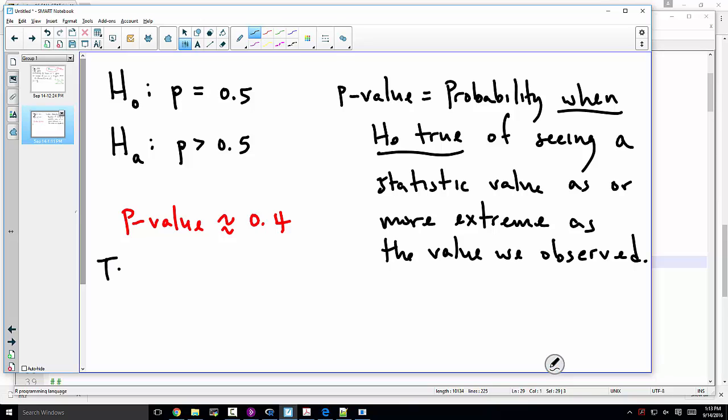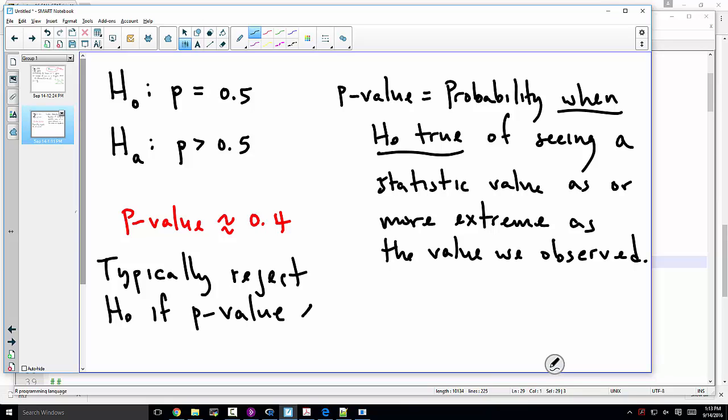We typically would reject the null hypothesis if the p-value is less than, say, 0.05. Sometimes we change that, but that's the most common choice. Because my p-value is not less than 0.05, we fail to reject.